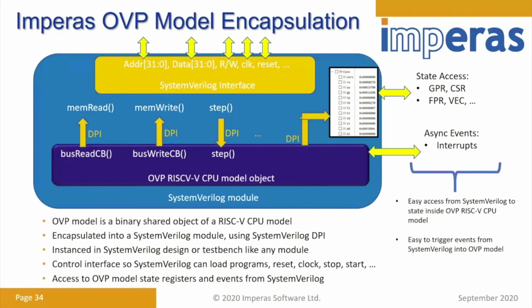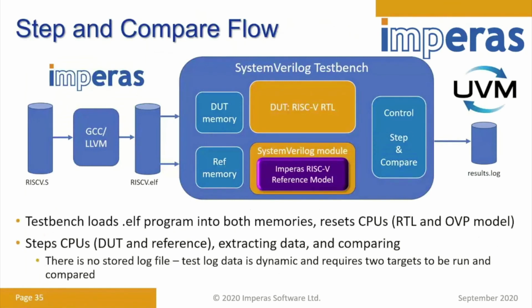You also expose out to the SystemVerilog environment the ability to introspect into our core model and extract the values within registers, the current operating modes, anything that we have in terms of state inside the model. We have a programming interface that allows you to get access to all of that data and use it in comparing against your particular target that you're implementing.